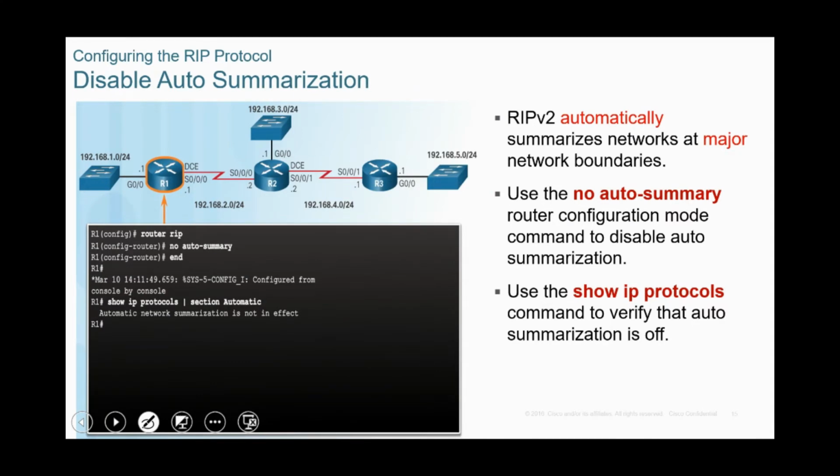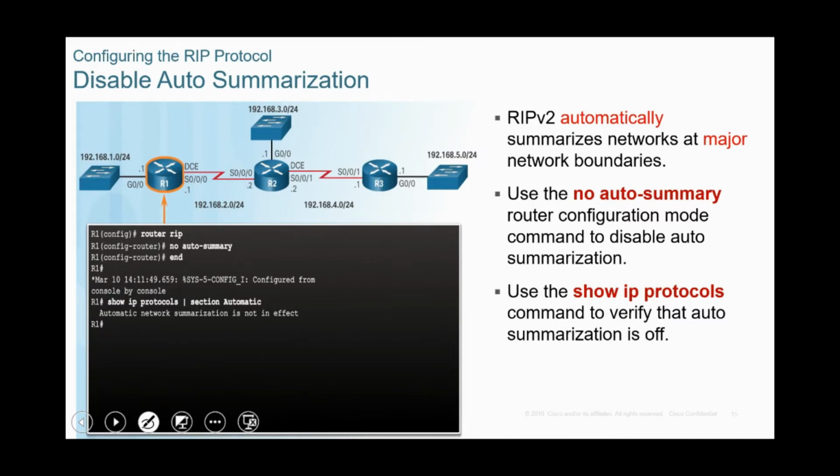Okay, this is how you disable the auto summarization. The nature of RIP version 2 is to automatically summarize the networks at the major network boundaries. So you have to use no auto-summary in router configuration mode to disable the automatic summarization. Once you have your no auto-summary ready, you can just show ip protocols to verify that auto summarization is off.